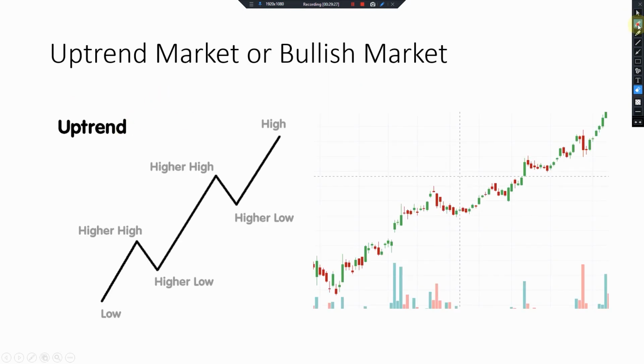We'll see one more type. So this is the uptrend. In an uptrend, there was a low, it made a higher high, then it made a higher low, right?